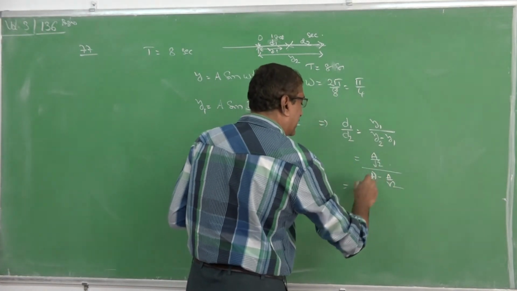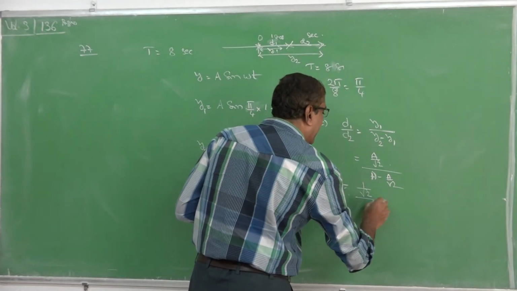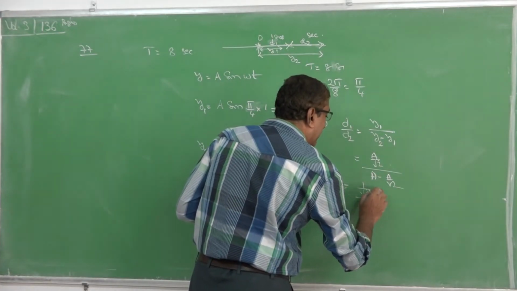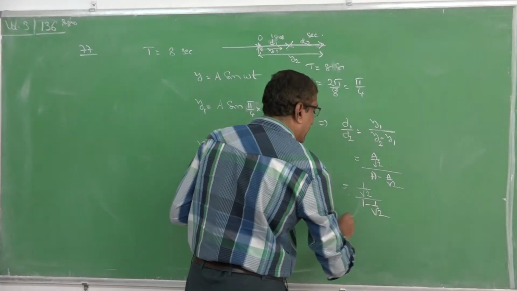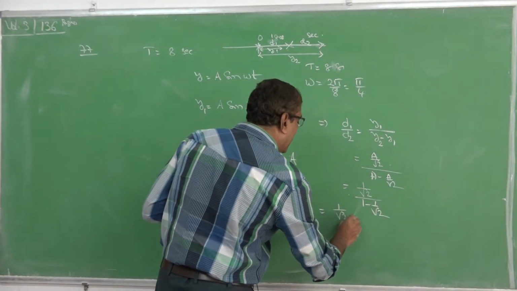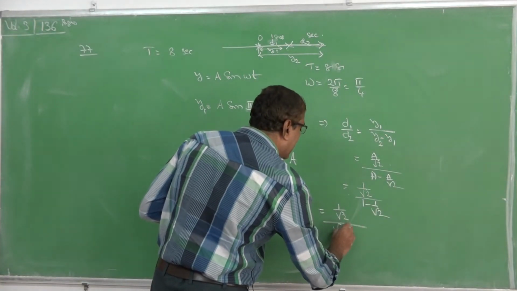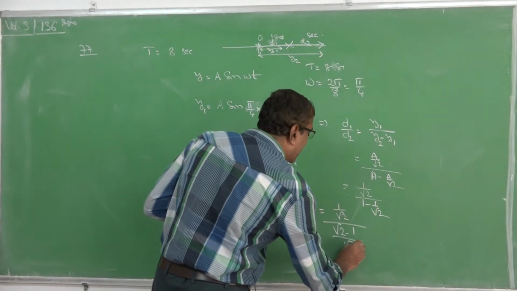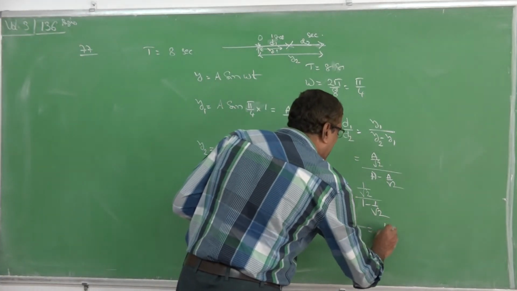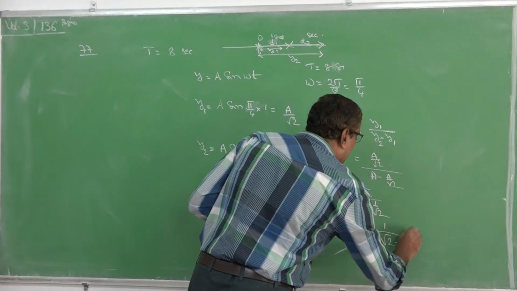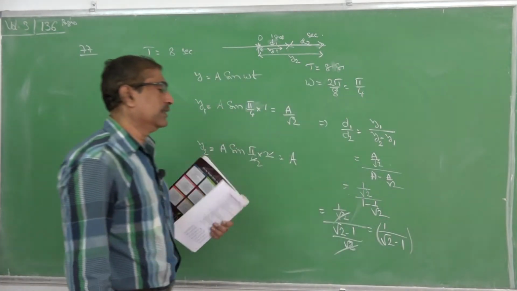Taking common, that is 1 by root 2 by 1 minus 1 by root 2, that is 1 by root 2 by root 2 minus 1 by root 2. So we can cancel, so 1 by root 2 minus 1. This is the ratio of the distance.